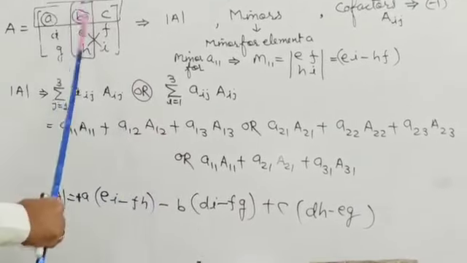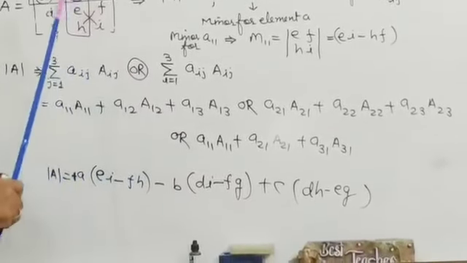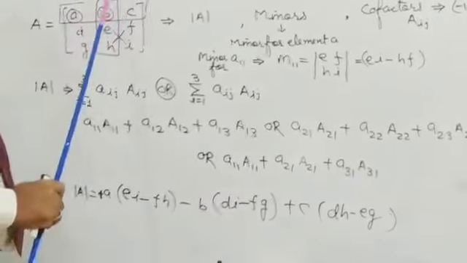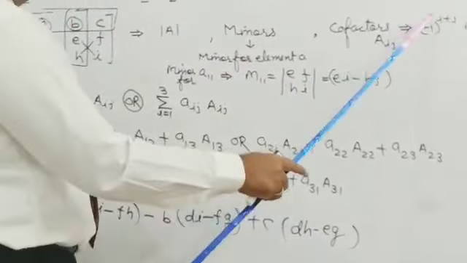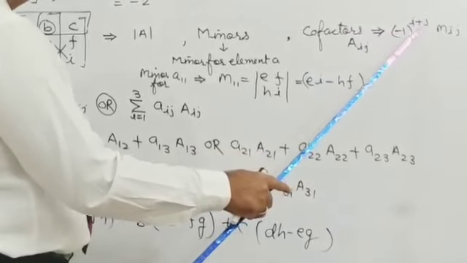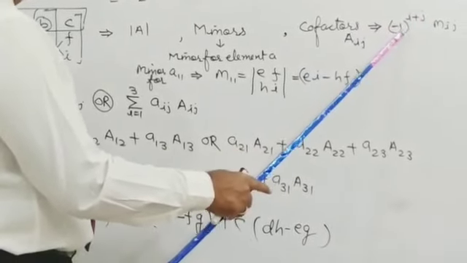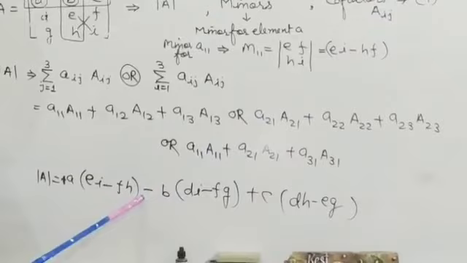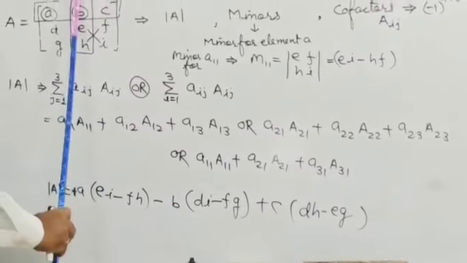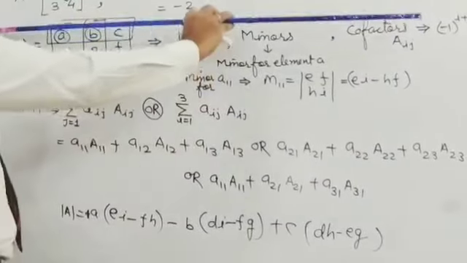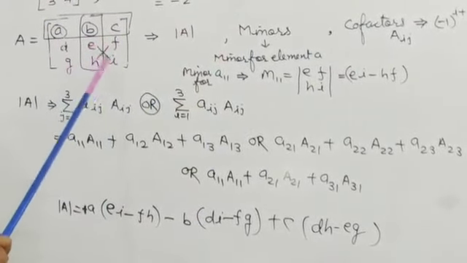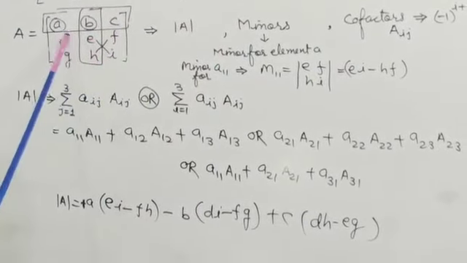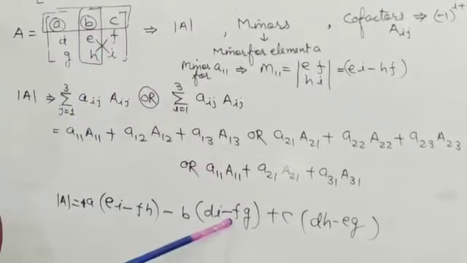Then secondly, for B, the place is 1, 2: first row and second column. So 1 plus 2 gives you -1 as the sign. So a minus sign, then delete the column and row of this. So the 4 members we are getting are D, F, G, I. Cross multiplying them, DI minus FG.